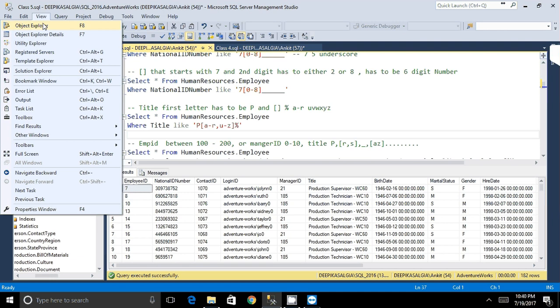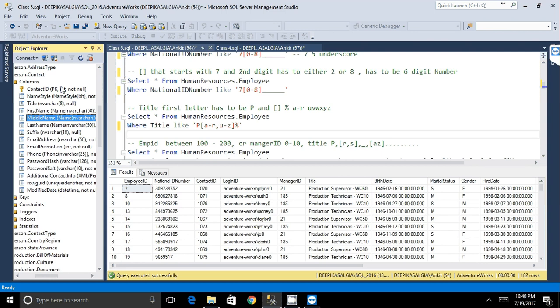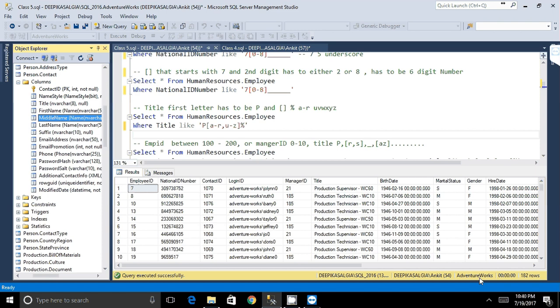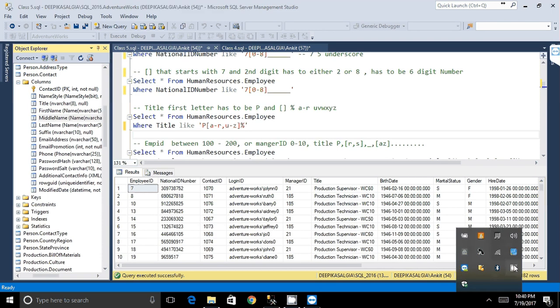You go to the View menu and click on Object Explorer. All right. Okay.